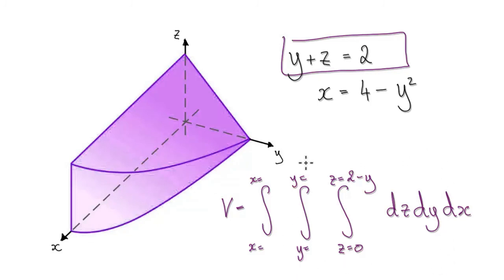So parallel to the y would look something like this. Parallel to the y, you would enter here, y equals 0, and then you leave at this curve here, and then you enter y equals 0, and then you leave this curve here.